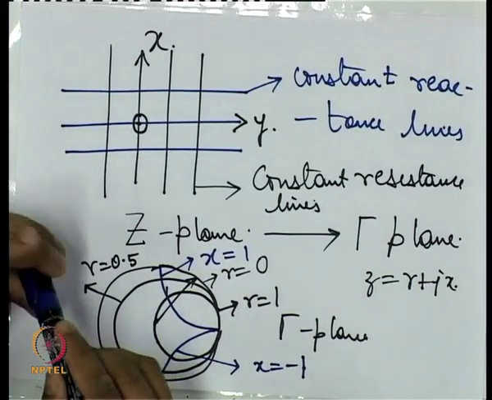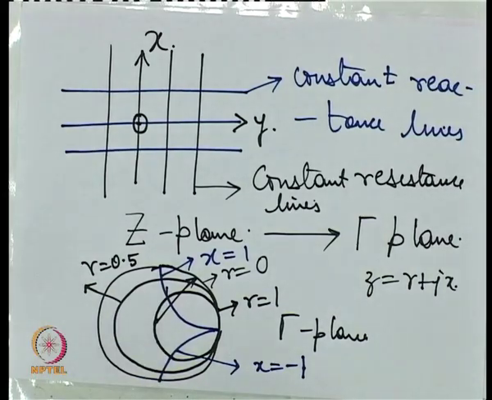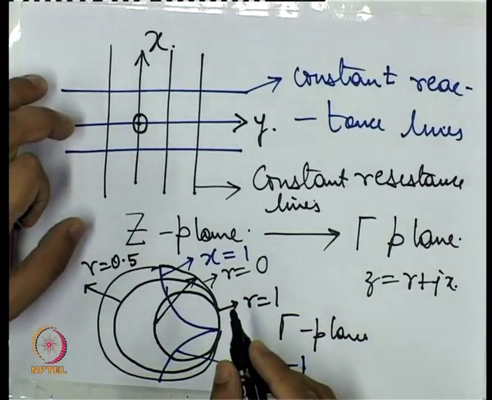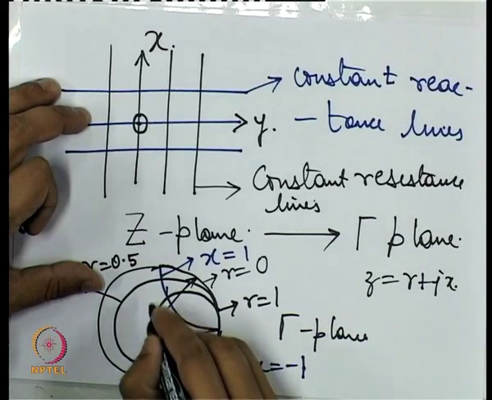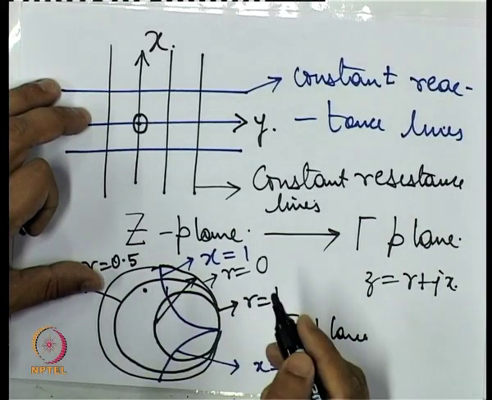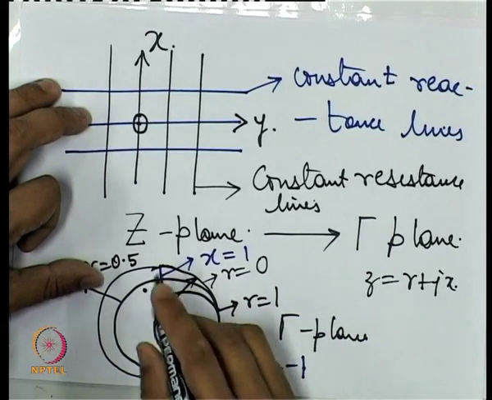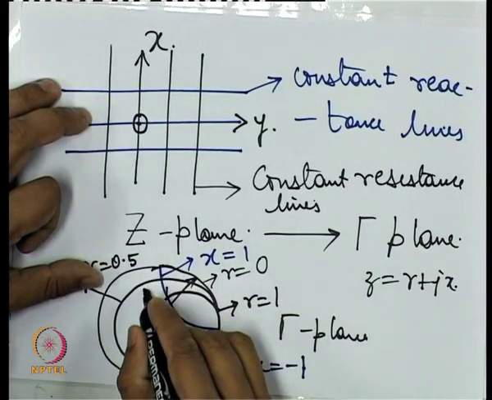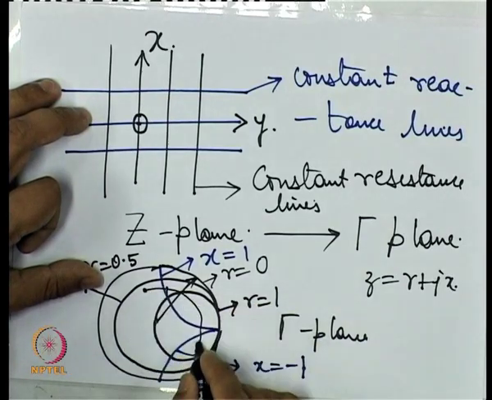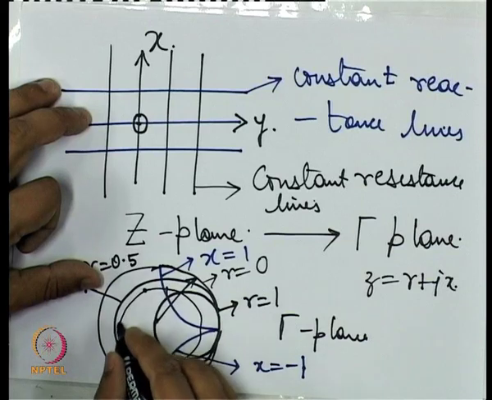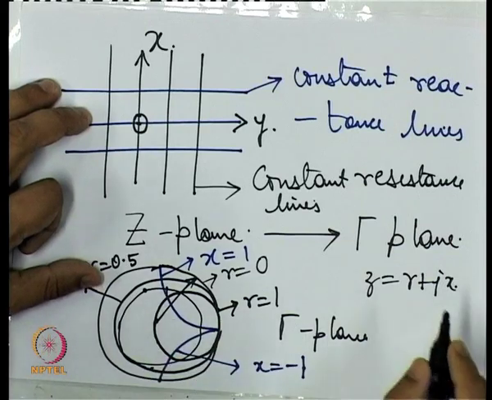Now following the discussion on constant reflection coefficient that we had seen in the previous slide, suppose we take any point on the Smith chart, we take a compass and draw a concentric circle which has its center at the origin.